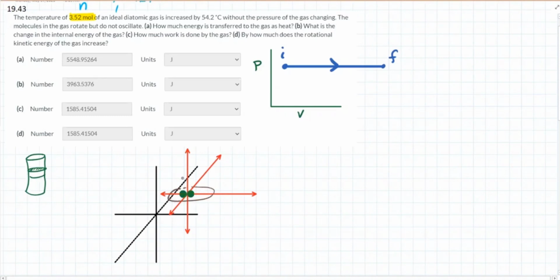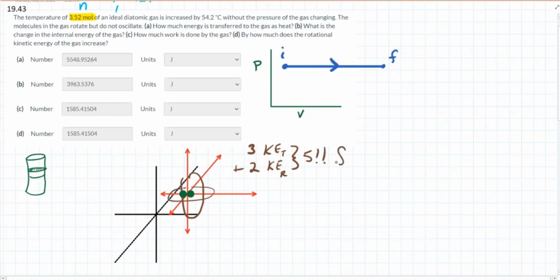And then it can also spin about this other axis. And that's 5. So when you count it up, I have 3 translational kinetic energy contributions plus 2 rotational kinetic energy contributions equals 5 in total.